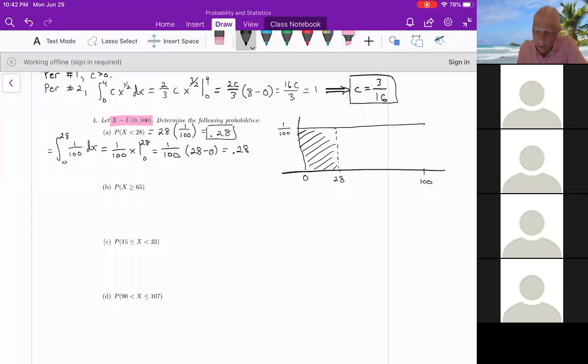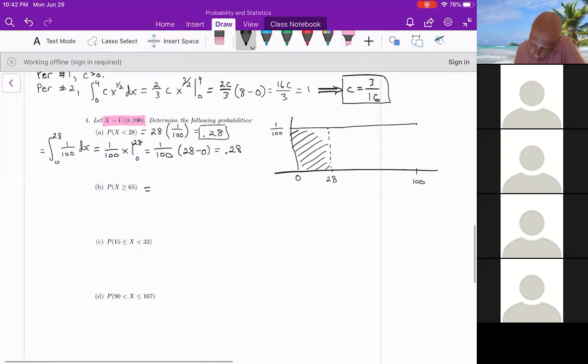I'll do it from the integration approach, but you could always create a sketch like I did in part A. You would just shade in from 65 up to 100. So make sure you're shading in the correct region.